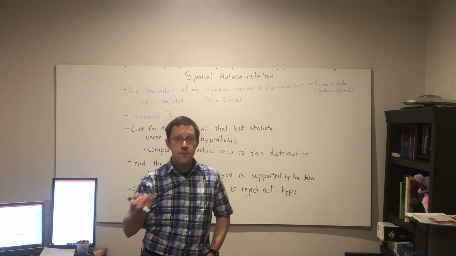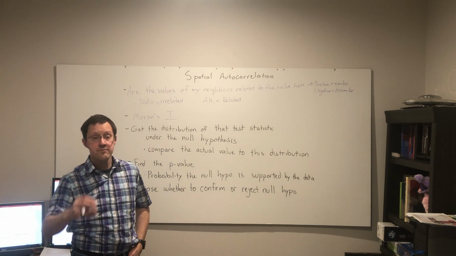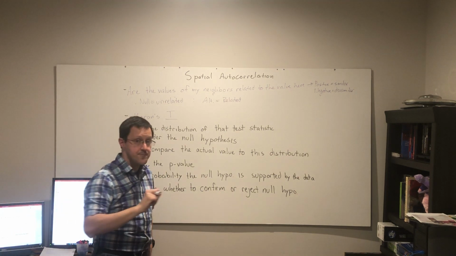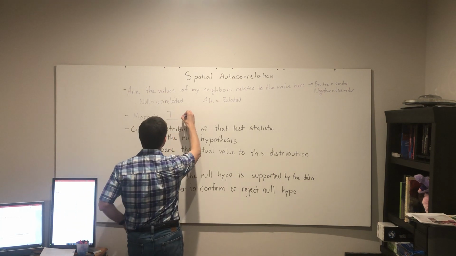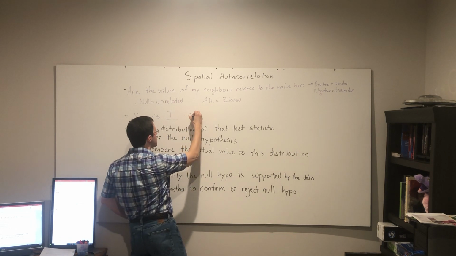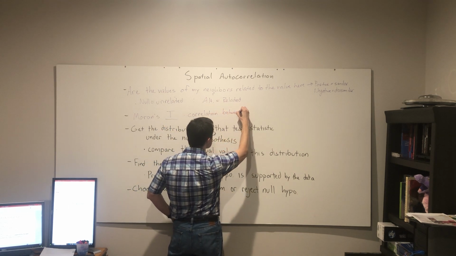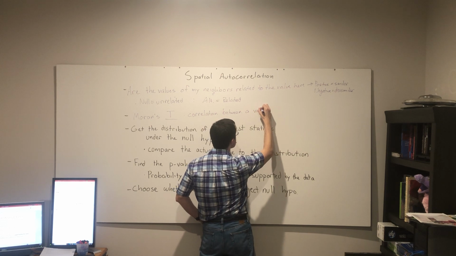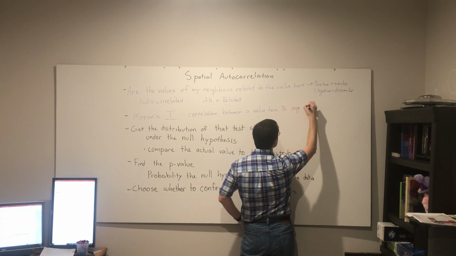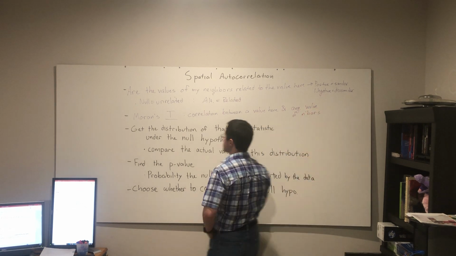The statistic that we will be using here, there are more than one, but the one we'll be using here is called Moran's I. It is far and away the most frequently used test for spatial autocorrelation. The way it works is just a correlation.